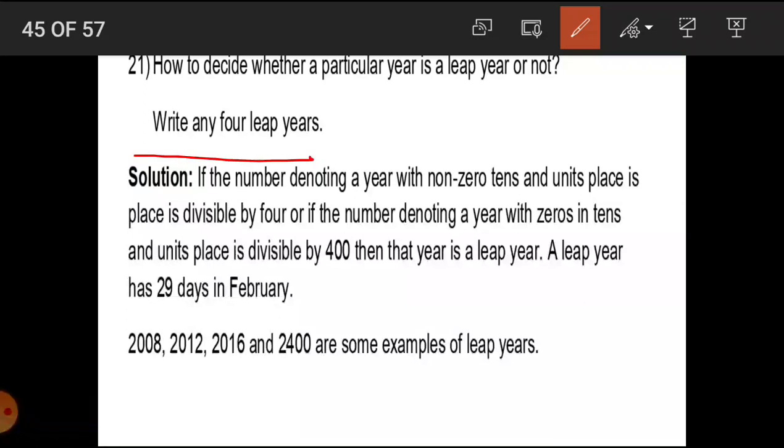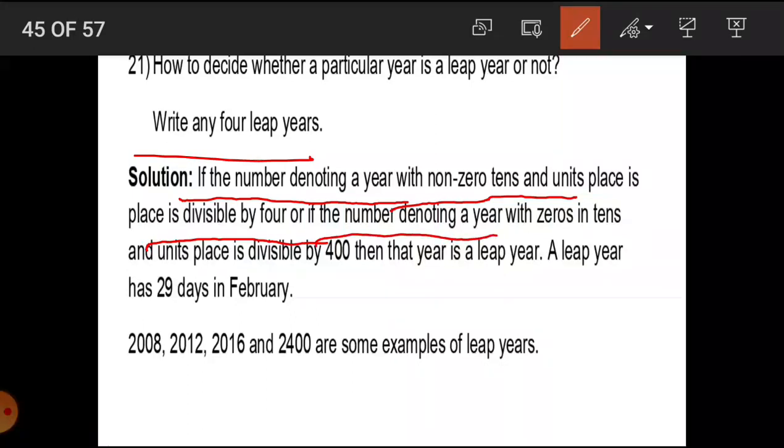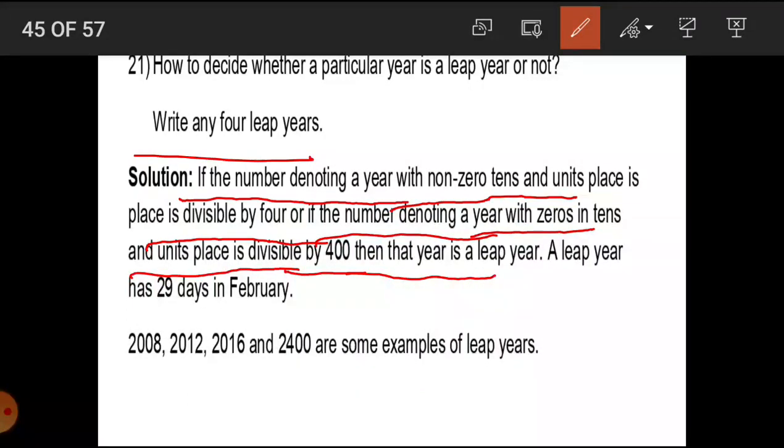So, first of all, I will read the solution for how to find a leap year. If the number denoting a year has a non-zero number, from 1 to 9, in the tens and unit place, and that is divisible by 4, or the number denoting the year with 0 in the tens place is divisible by 400, then that year is a leap year.